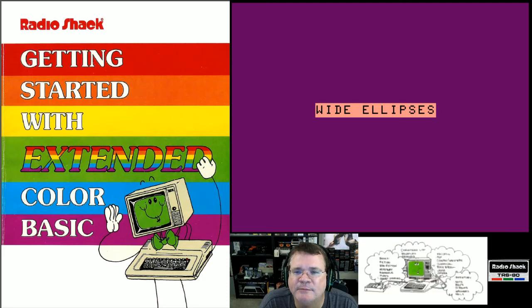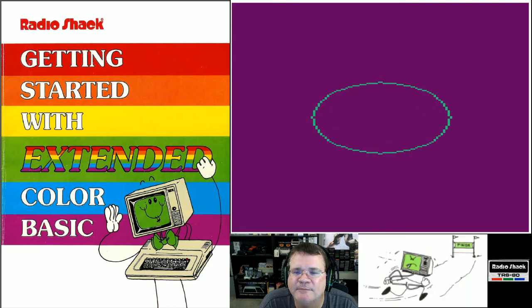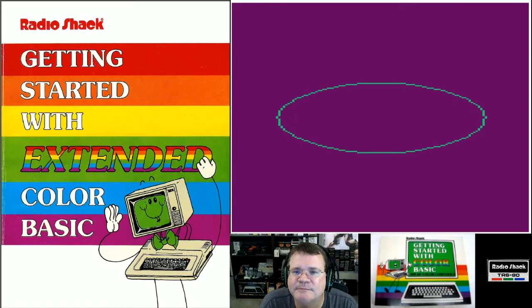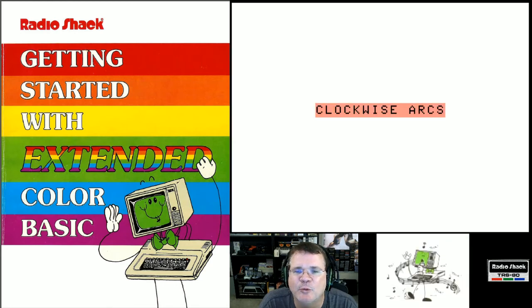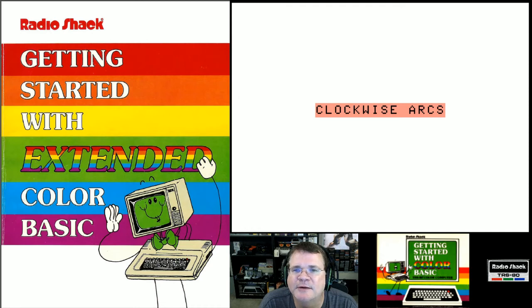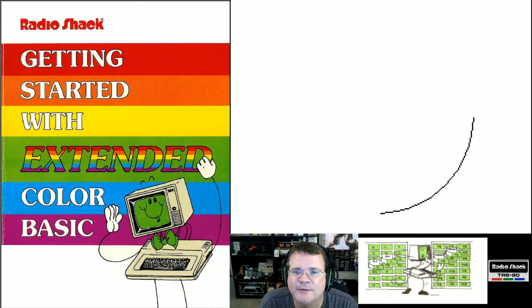Wide ellipses. Very nice, very nice. Wide ellipses. I love it. It's awesome. Absolutely. It's a work of art, right? Here's our clockwise arcs. But yeah, so basically he totally nailed the program.